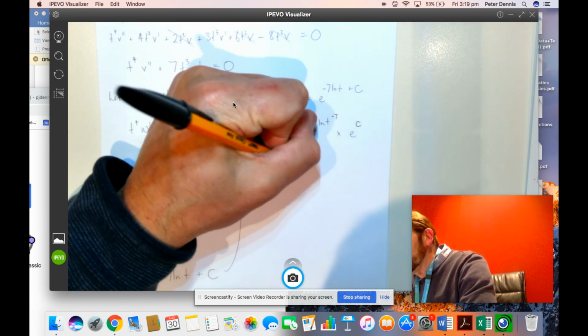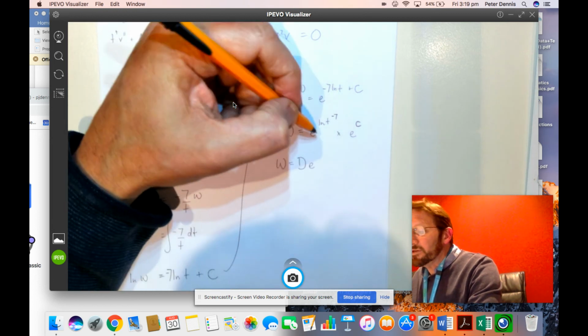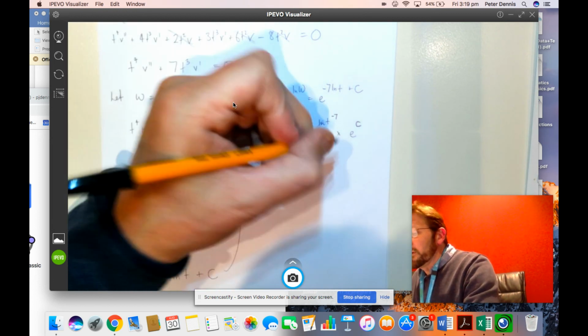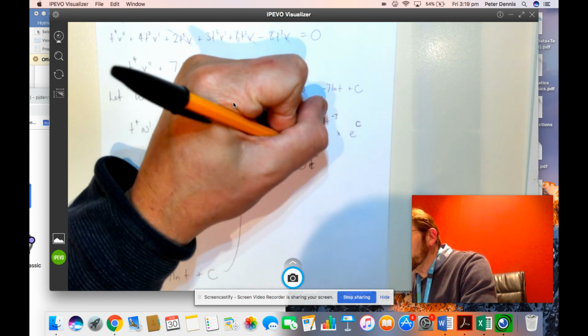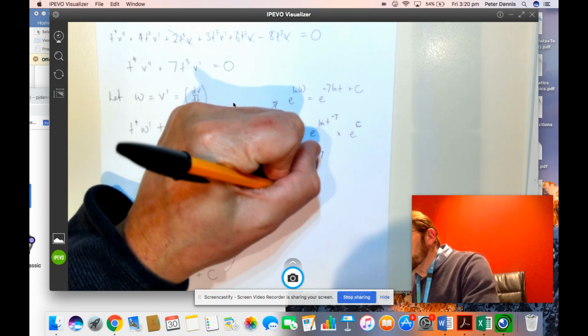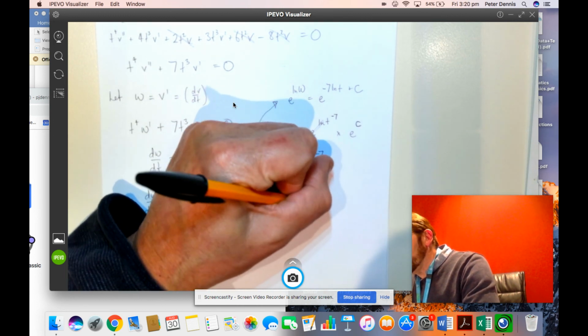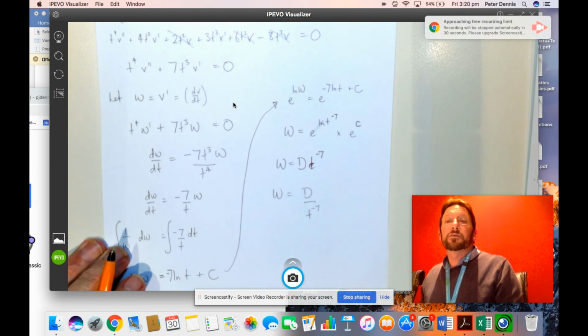We'll call it d. W equals d times e, and these cancel out, obviously. So w equals d t to the minus 7, or w equals d over t to the power of 7, which is a little bit nicer.